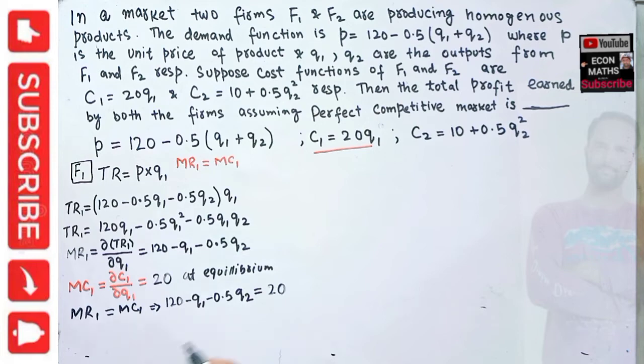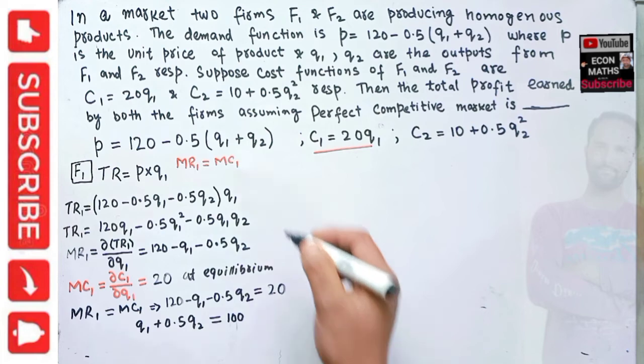If we rearrange this and transpose these terms to the right-hand side so they become positive, we have Q1 plus 0.5 Q2 is equal to 120 minus 20, which comes out to be 100. I hope I am making sense here.